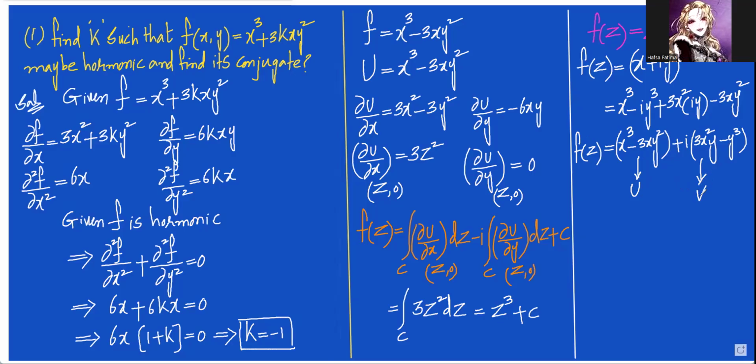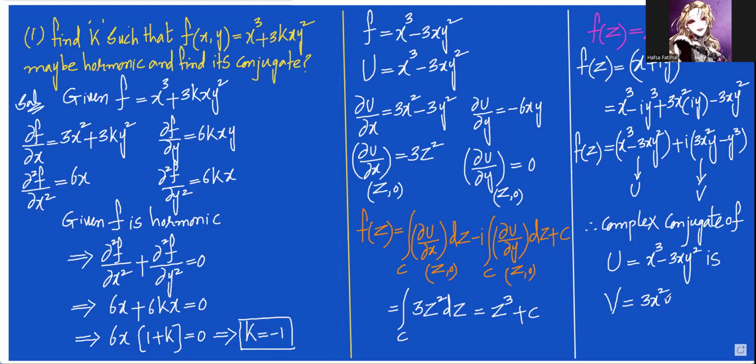So if I ask what is the complex conjugate of u equals x cube minus 3xy square, v is equal to 3x square y minus y cube.